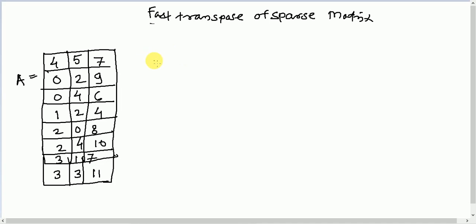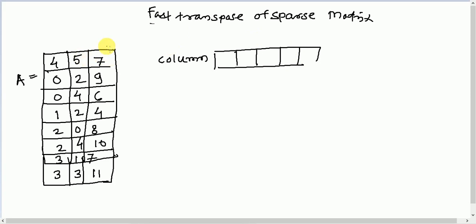So you have to find out this fast transpose. Before that, what will you be doing? First of all, you will make a column array. The column array will store the total number of elements in the respective column. So your number of columns is 5, so our column array will go from 0, 1, 2, 3 and 4.